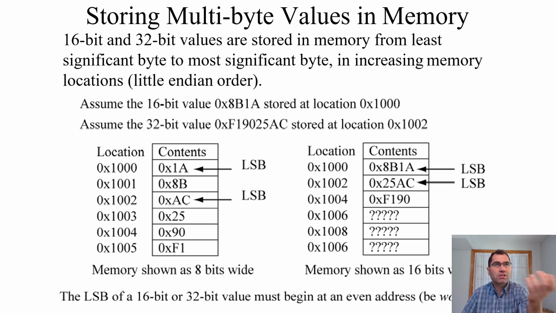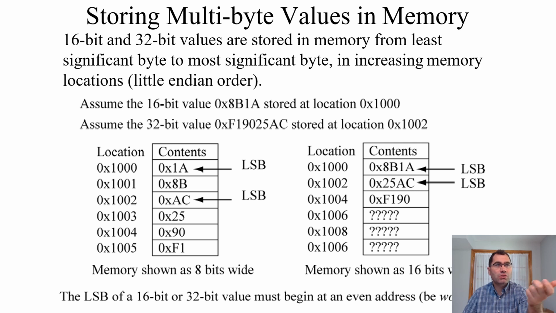But if it is a 16-bit or 32-bit value, then one memory location is not going to be enough, because one memory location can hold only an 8-bit value. In that case, we have to use multiple memory locations.